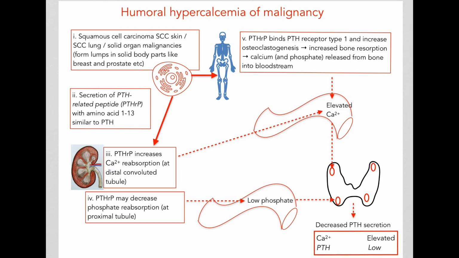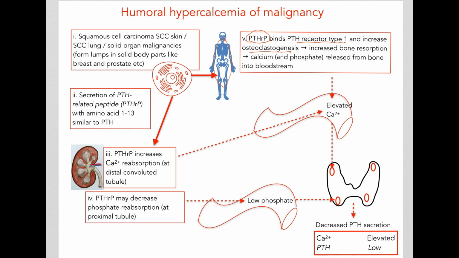The PTH-RP may also decrease phosphate reabsorption, just like parathyroid hormone, and this is going to cause low serum phosphate. Like parathyroid hormone, this PTH-RP will go to the bone and bind PTH receptor type 1, and this will increase the formation of osteoclasts.